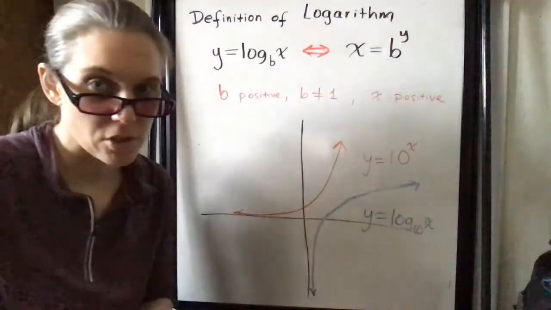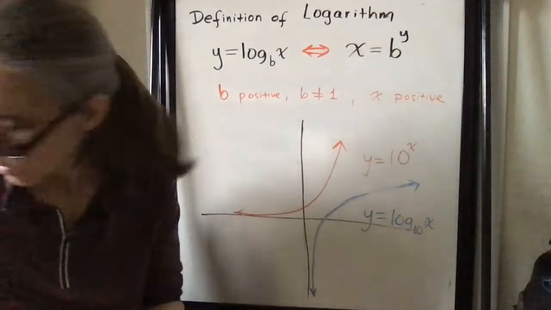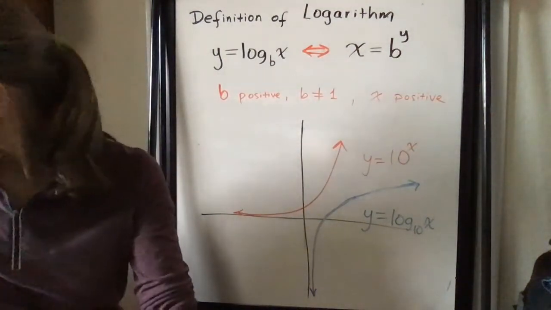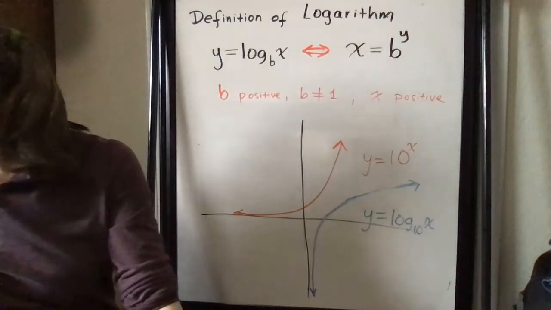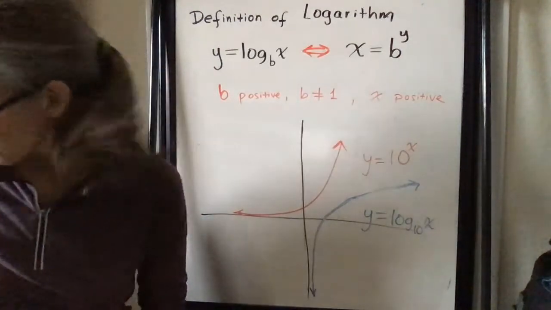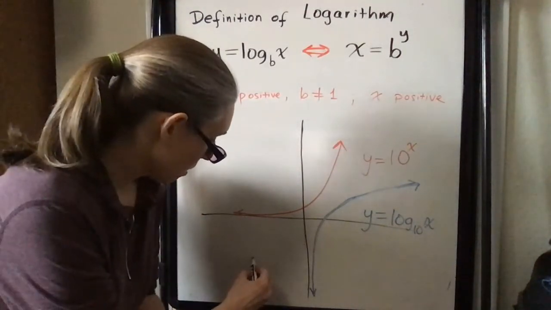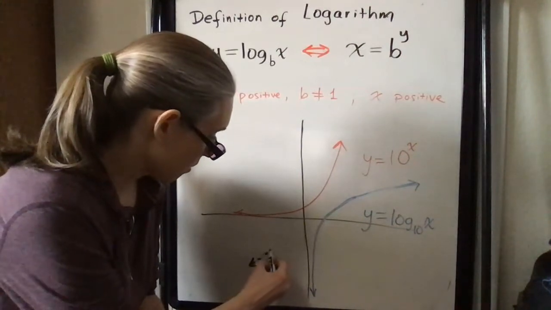One thing I didn't mention, but is always true, here's the line y equals x. All right, let me try that again. That marker did not work. Oh, I need a different color. And I'll have to use black. Okay.